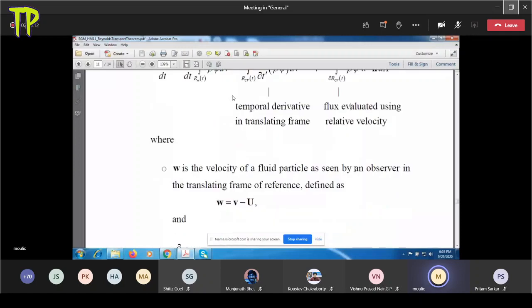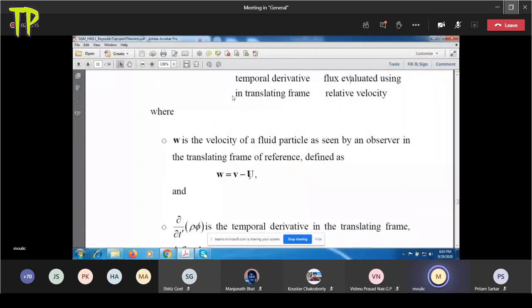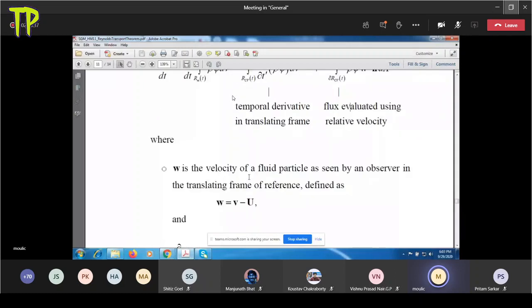And relative velocity is V minus Vs, where here Vs is U. Now, Vs can vary from point to point, in which case the control volume can deform. But if you say the control volume is translating, its shape is unchanged, and the velocity at each point on the surface is simply the constant velocity capital U. Now, why is this form useful?